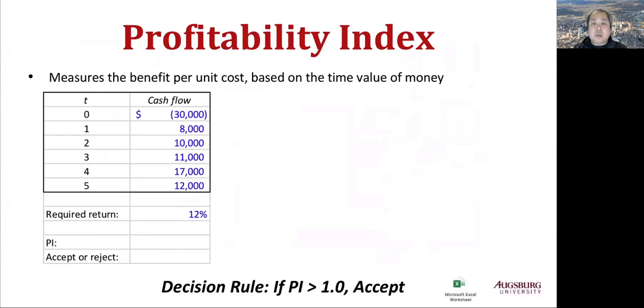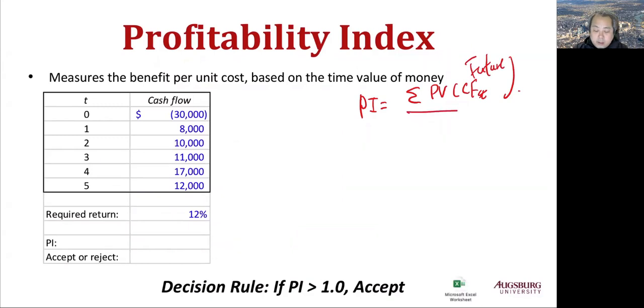The final measure is the Profitability Index, called PI. It is calculated with the numerator being the sum of the present values of all future cash flows. So that's the future cash flows. The denominator is the absolute value of the initial cost.